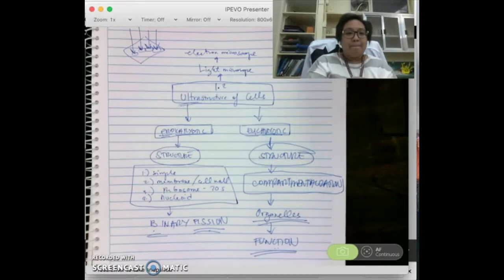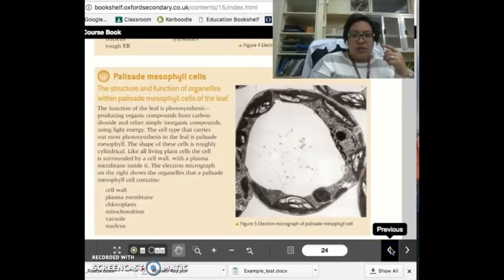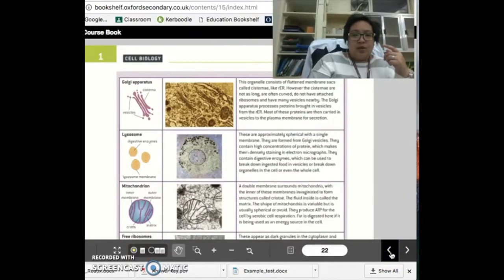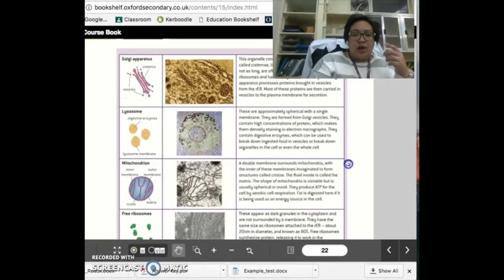Okay? So as you study this chapter, make sure that you familiarize yourself with how the organelles look under the electron microscope. Your Golgi here looks like flaps of membranes. Your lysosomes are the tiny circular dots.